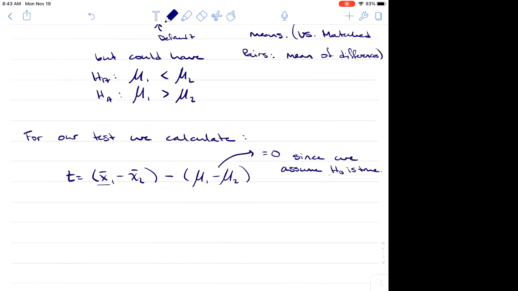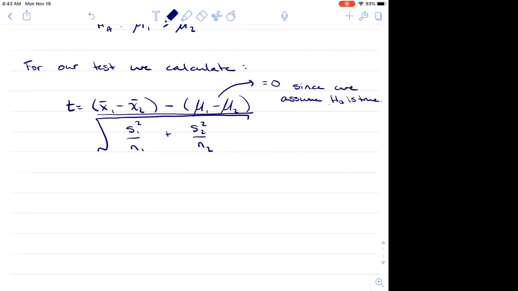So then we've got, over this huge square root, the square root of s1 squared over n1 plus s2 squared over n2. It's really important that you don't forget those squares. It behaves a little bit differently than before. Before we had s over root n.